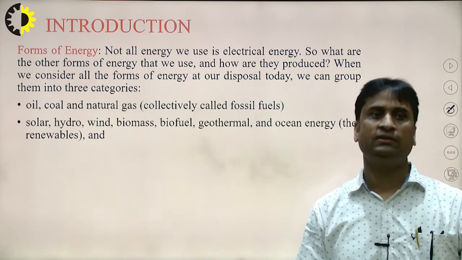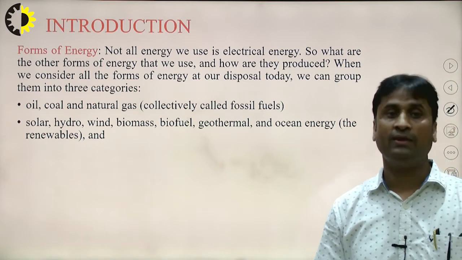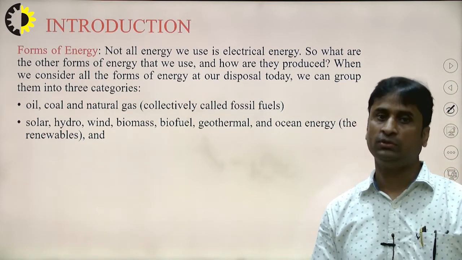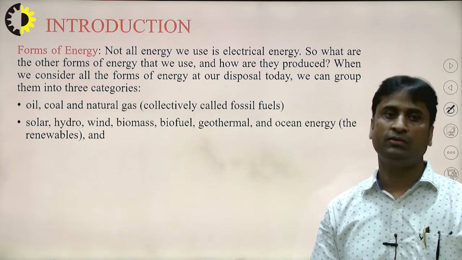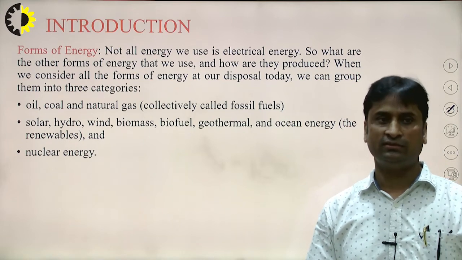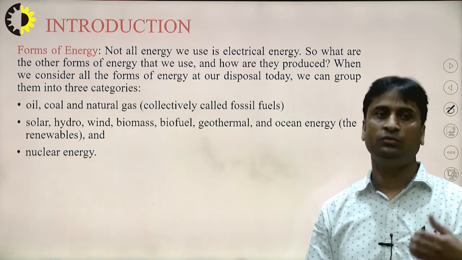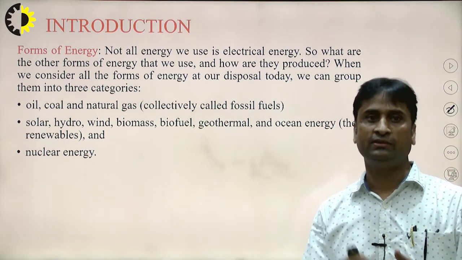Another form of energy includes solar, hydro, wind, biomass, biofuel, geothermal, and ocean energies, which we also call renewable energy. And another is nuclear energy. So these are some energies that we use, ultimately getting electric energy for use.